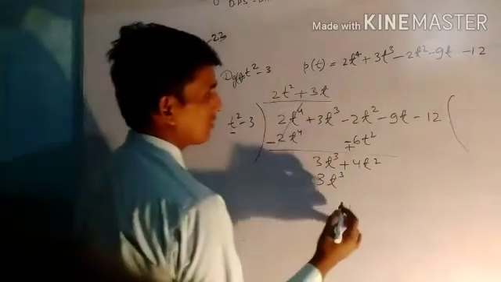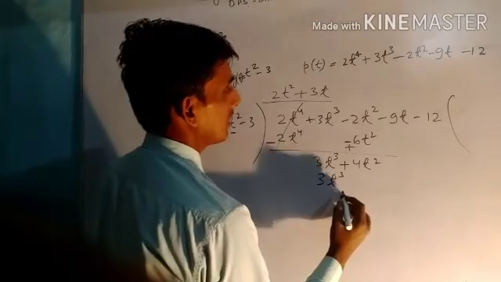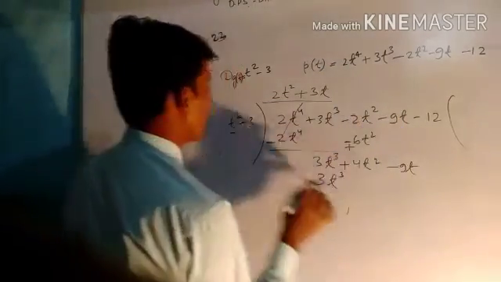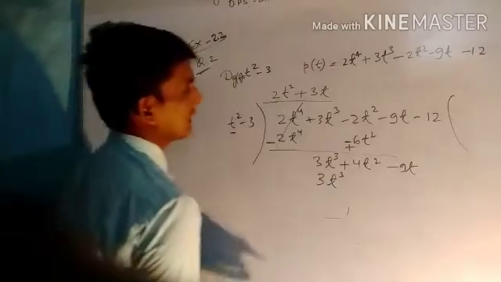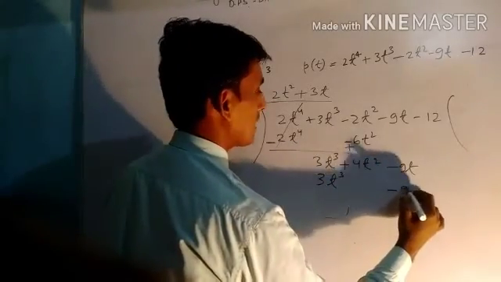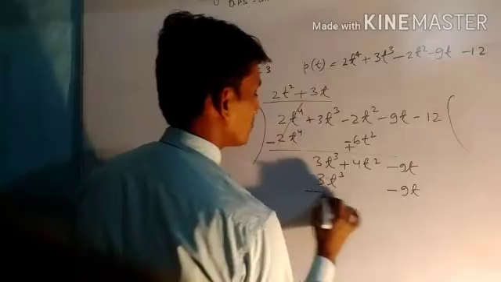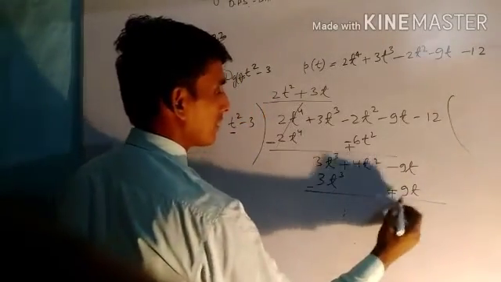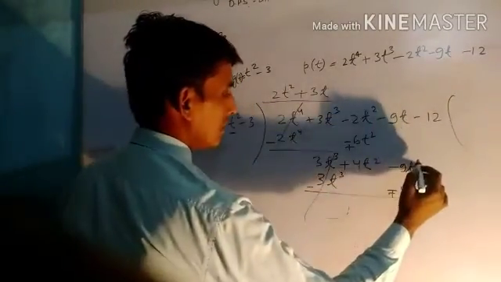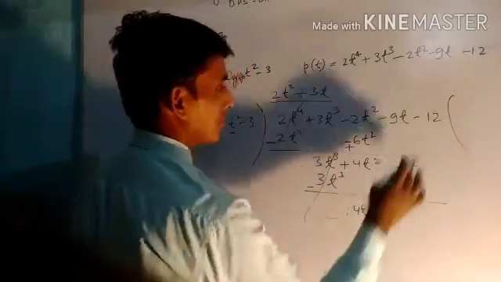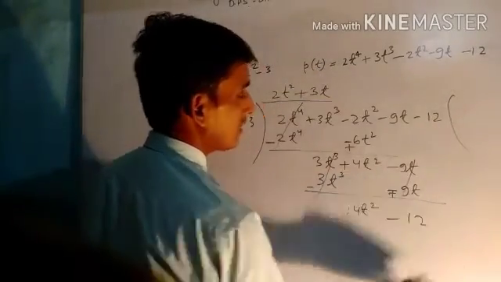And minus 3 into 3t, you will get minus 9t. Write this here, minus 9t. And the sign will change. This will become plus. This will cancel out. This will also cancel out. So this will become 4t square. This minus 12 will come here.